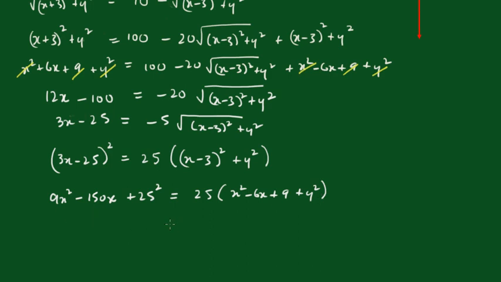So this equals 25x squared minus 150x plus 9 times 25 plus 25y squared.